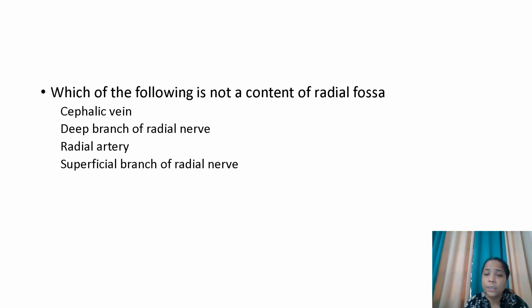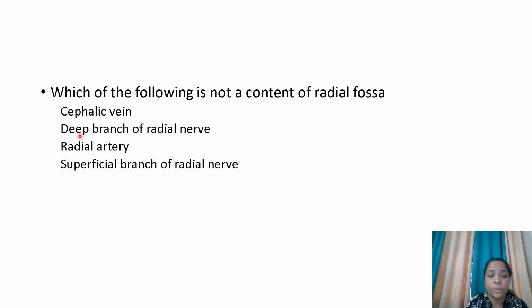Then there are some direct questions asked in your various MCQ examinations, like: which of the following is not a content of the radial fossa? The anatomical snuff box is also known as the radial fossa. You know that the cephalic vein and the superficial branch of the radial nerve lie in the roof of the anatomical snuff box, and the radial artery is the main content of the anatomical snuff box.